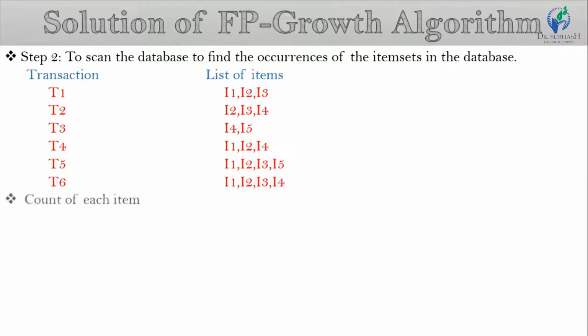So the count of each item: I1 occurs 4 times, like I1 occurs in T1, T4, T5, and T6 transactions. I2 occurs 5 times, meaning I2 occurs in T1, T2, T4, T5, and T6 transactions. This way we find the count of individual items. So I3 occurs 4 times, I4 occurs 4 times, I5 occurs 2 times.